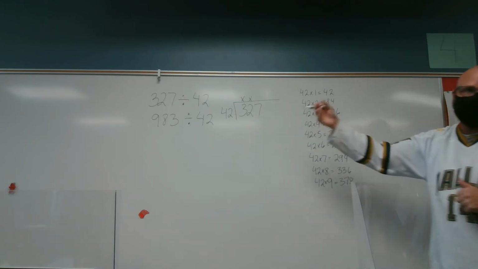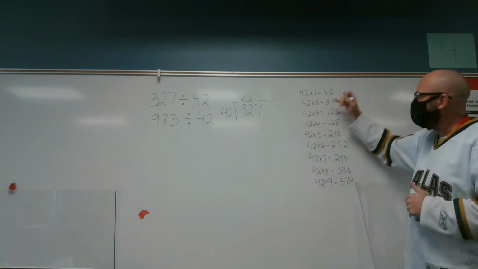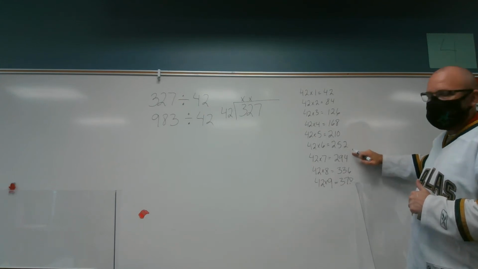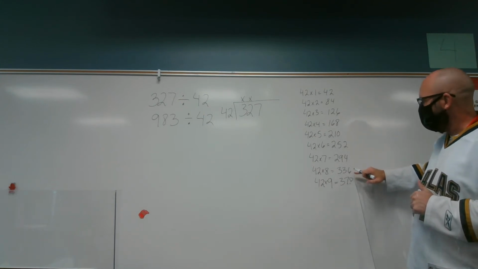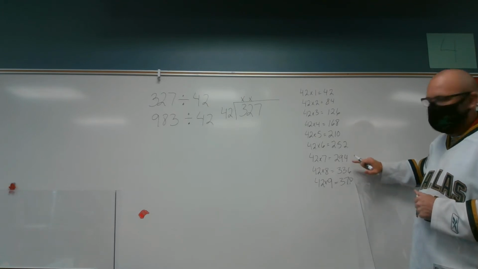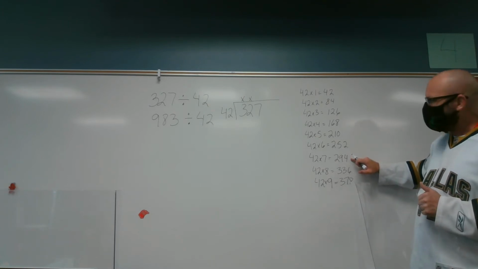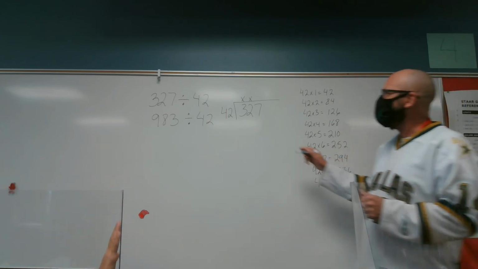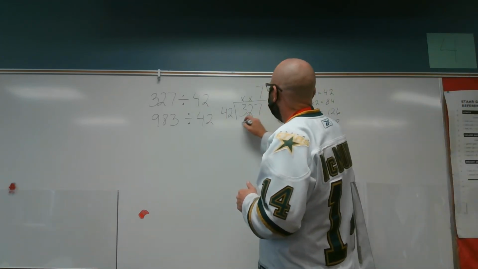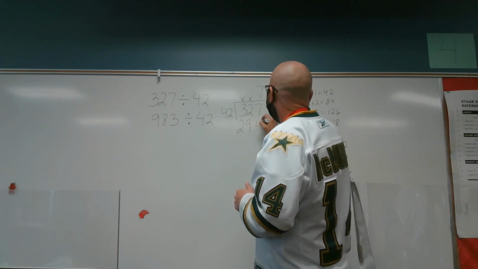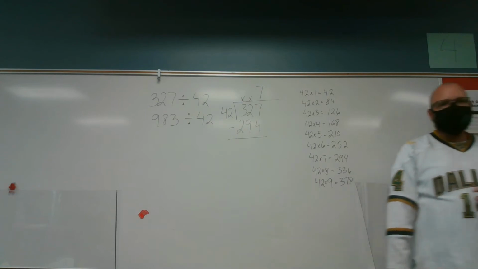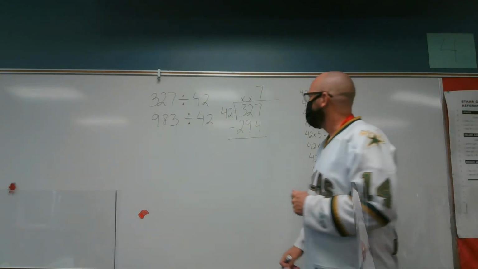Well, it's going to, because 327 is larger than 42. So now I go here, and I find out as close as I can get to 327 without going over. Oh, 336 is too high, so it must be 294. And since 42 times 7 is 294, I put my 7 up here, and my 294 below what it's going into. And then I do some simple subtraction.